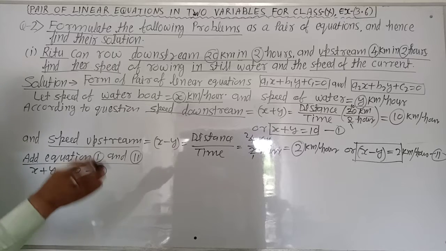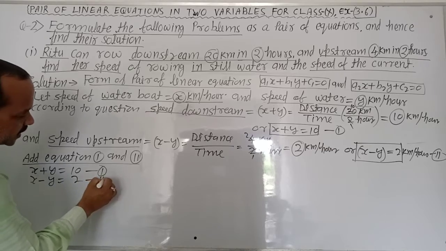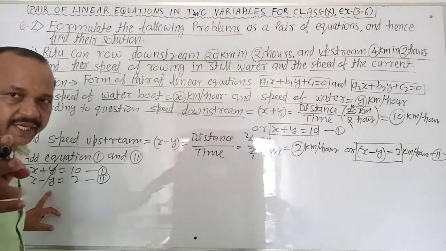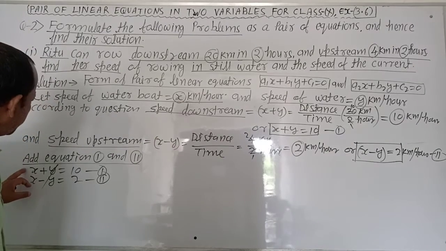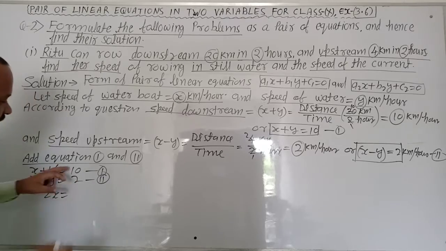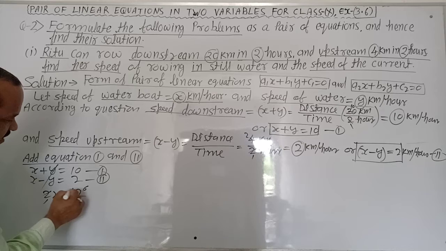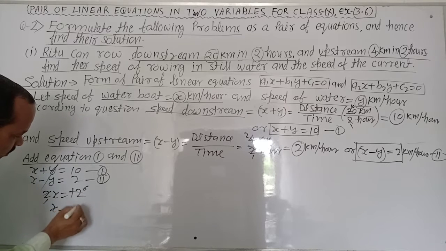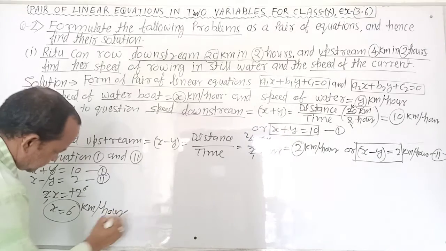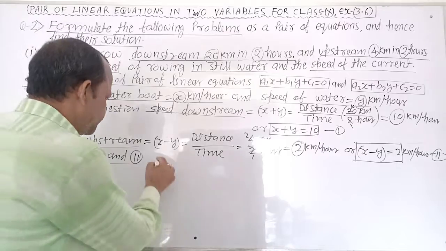Equation second, x minus y equal to 2. Clear? You can cut plus y minus y, and here x plus x adding. It becomes 2x equal to 10 plus 2, 12. 2 ones are 2, 2 sixes are 12. x equal to 6 km per hour. You find x equal to 6 km per hour.